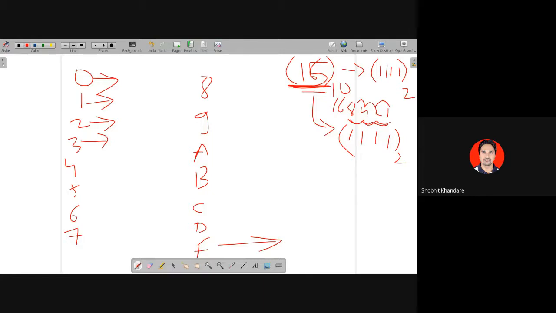So F, which is in hexadecimal, can be represented into binary as 1111.